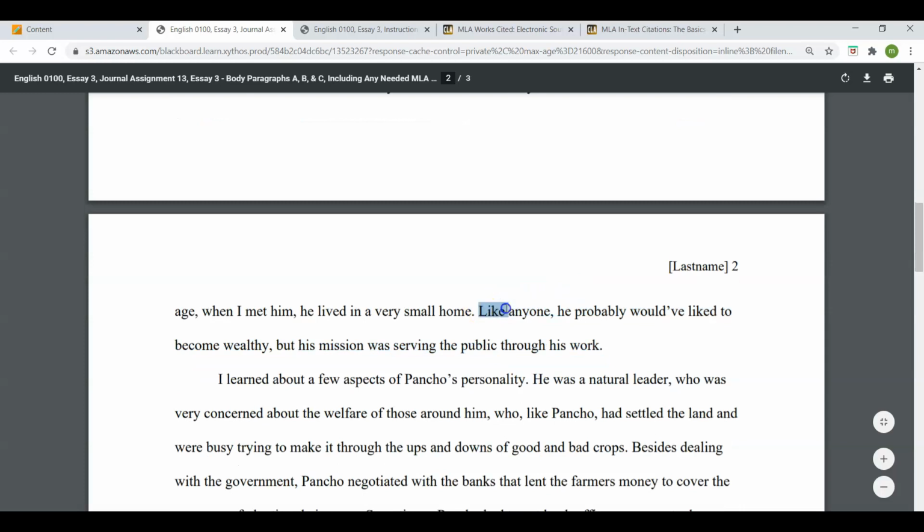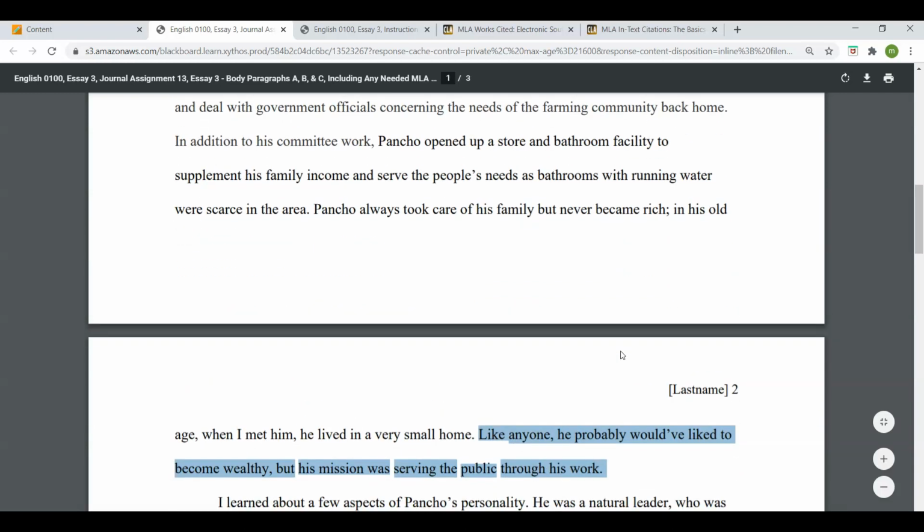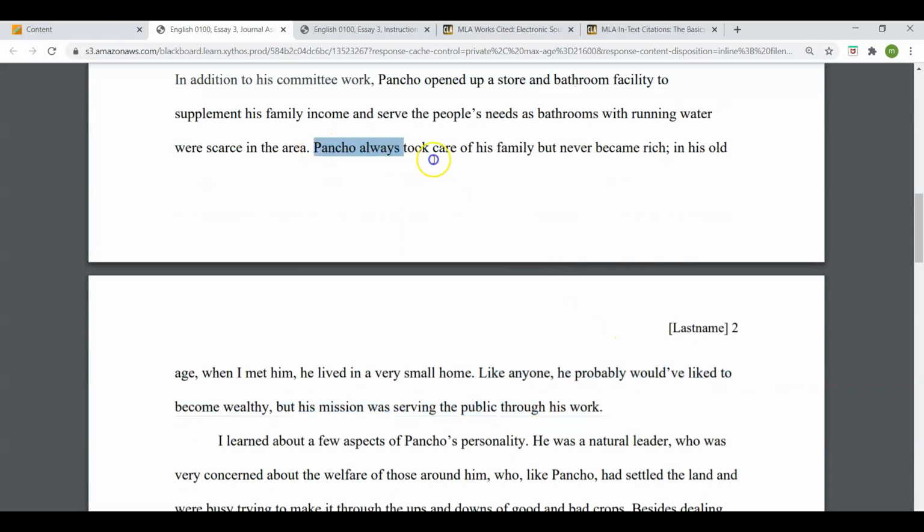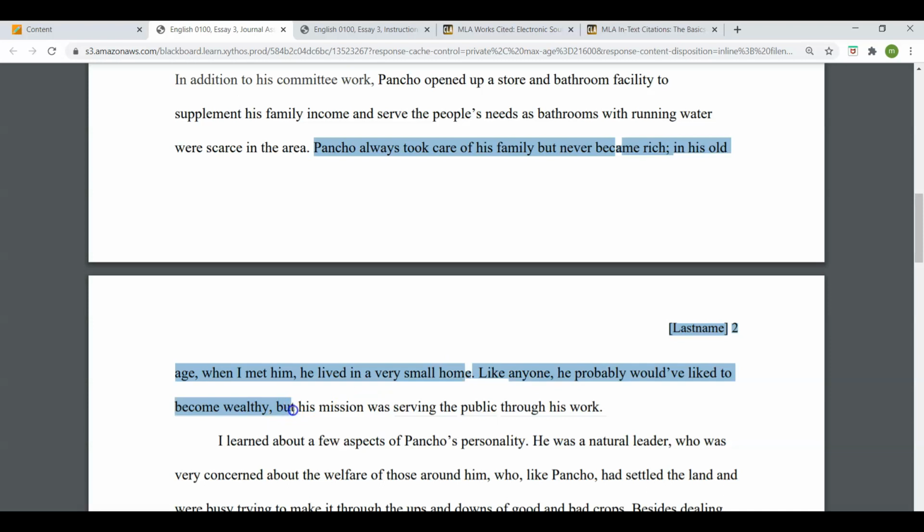So notice: like anyone, he probably would have liked to become wealthy, but his mission was serving the public through his work. In the previous sentence, I had said, Pancho always took care of his family, but never became rich. In his old age, when I met him, he lived in a very small home. Like anyone, he probably would have liked to become wealthy, but his mission was serving the public through his work.